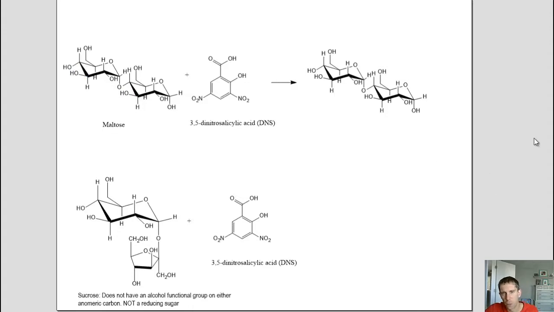Also, we have to open that ring before this reaction happens. So this bond has to break. That conveniently became an alcohol functional group. To actually break that bond, though, we actually had to do a couple proton transfers and then form an aldehyde functional group. So that actually, this carbon-oxygen bond right there is our aldehyde functional group.